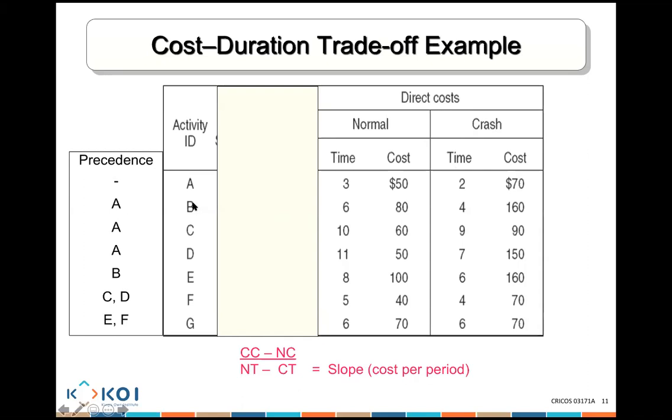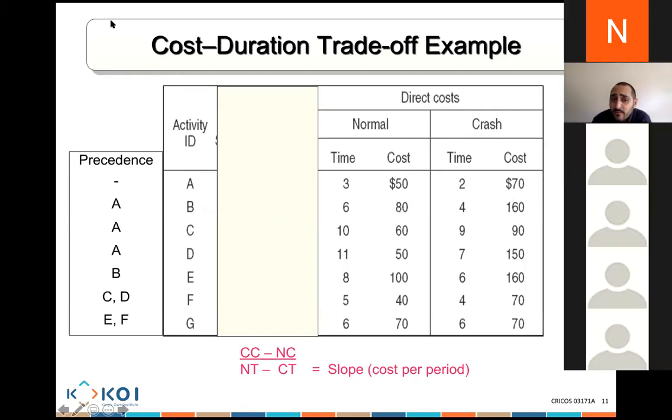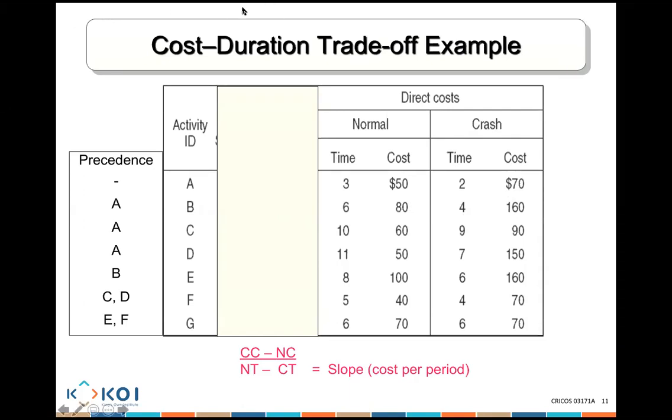So if I reduce it per period, how much is it going to cost me? Does that make sense? Is that clear? Yes, sir. Okay, so I'll give you 2 minutes. Please do that now.